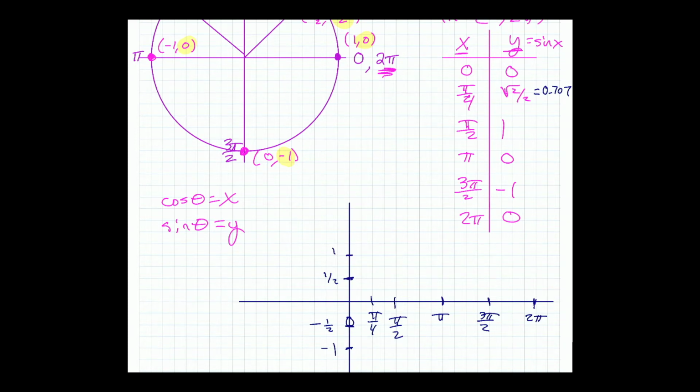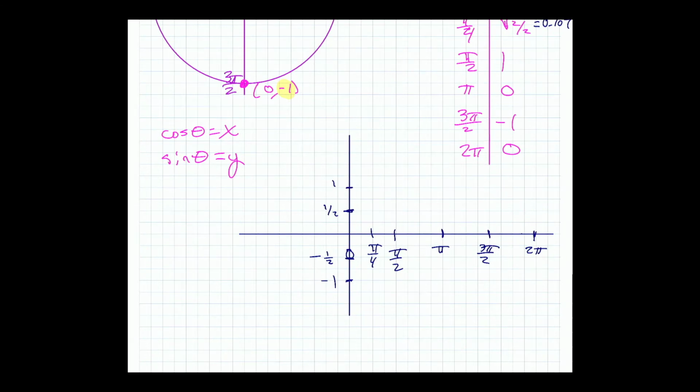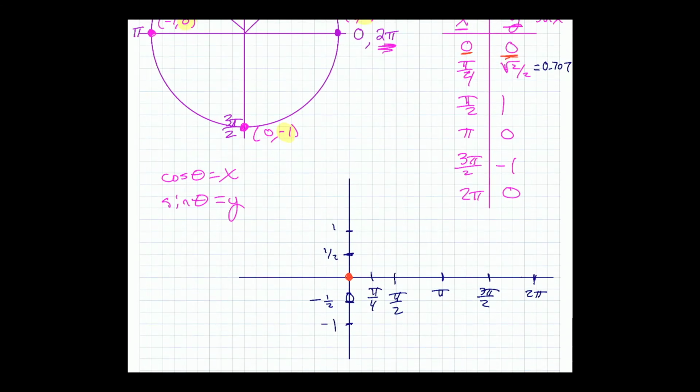Okay, so let's make our graph now. We plot our x and our y coordinates on this graph. So x equals 0, y equals 0, that's 0, 0 on the graph. Then I've got pi over 4, comma 0.7, which is going to be about right there.